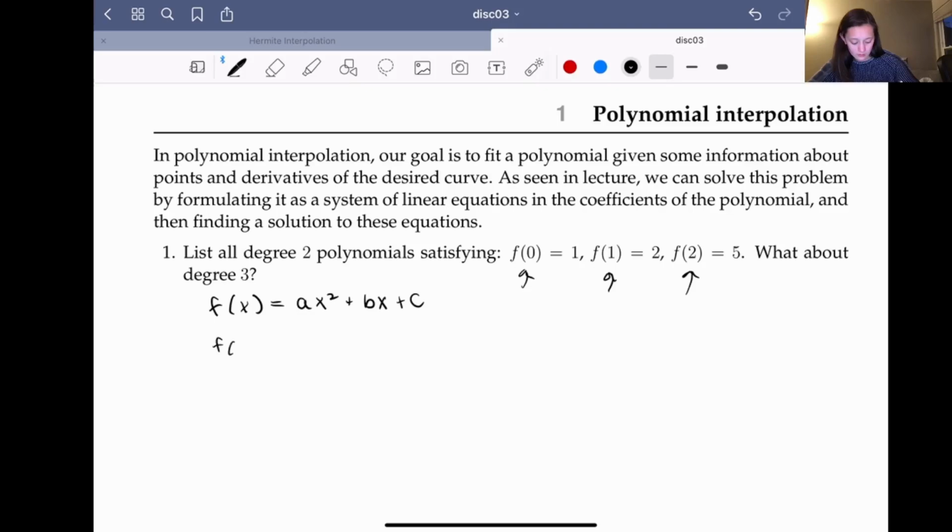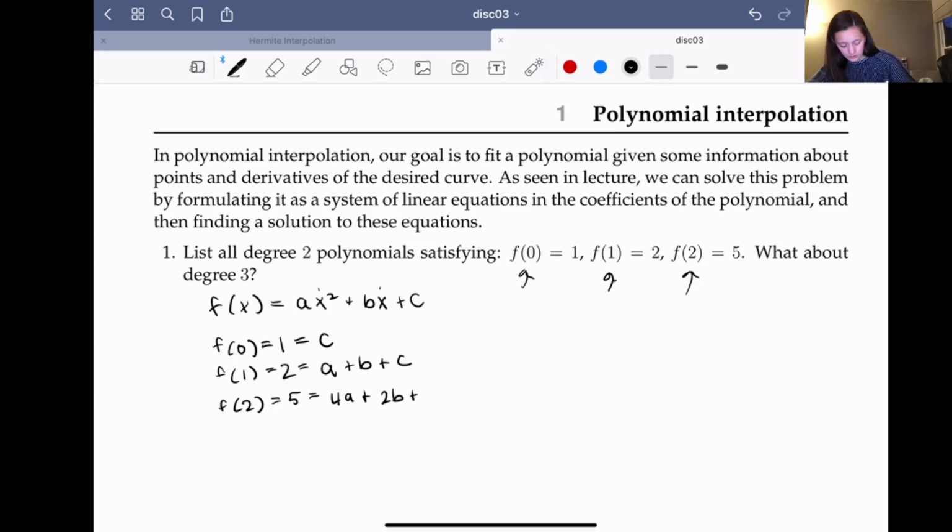So f0 equals 1, which equals c, because if you add 0 here, these will both cancel out, and you'll just be left with c. f1 equals a plus b plus c, and f2 will equal 4a plus 2b plus c.